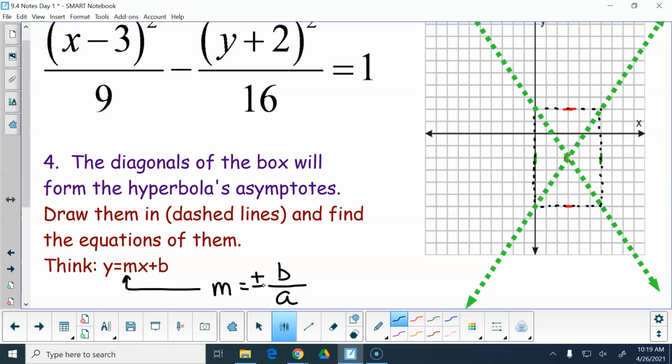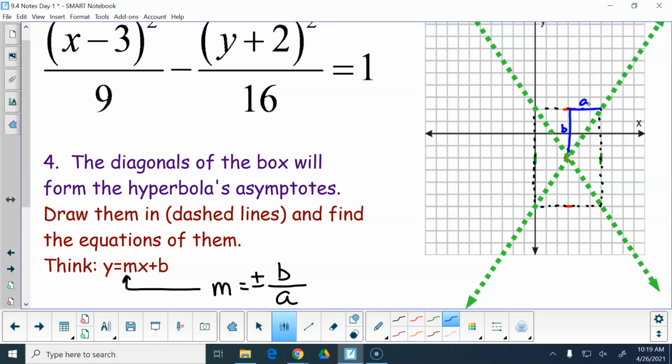So your slopes are automatically always going to be b over a, because if you look at the box, both go through the center, correct? Okay, so both asymptotes go through the center. So this distance here, if we're thinking rise over run, we went up b and we ran a.